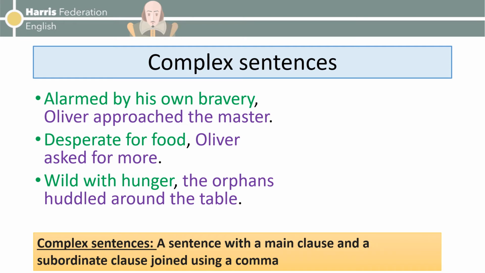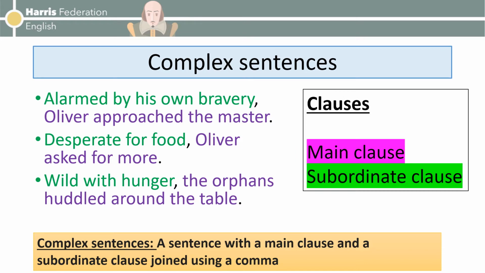Wild with hunger, the orphans huddled around the table. Each of these has a main clause and a subordinate clause. The main clause is in purple and it makes sense on its own. It's actually a simple sentence. And the subordinate clause is the additional information that would not make sense as a lone sentence.